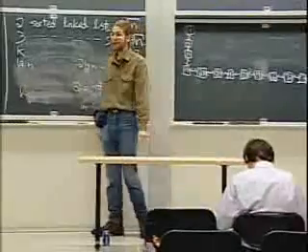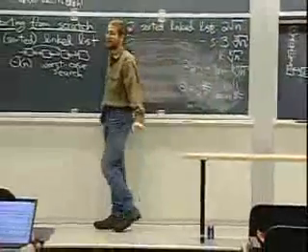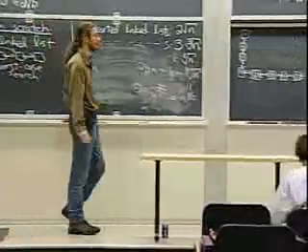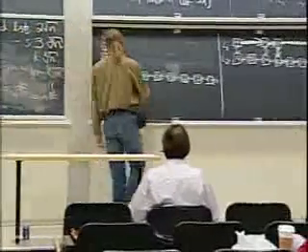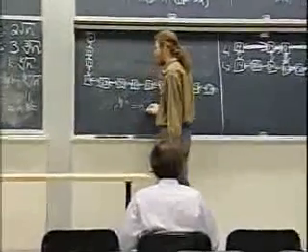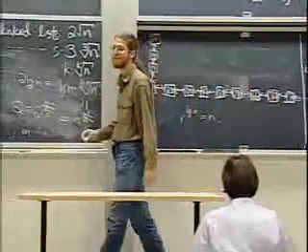So the product of all these ratios is n, and there's log n of them. How big is each ratio? So call the ratio r. I should have r to the power log n equals n. What's r?